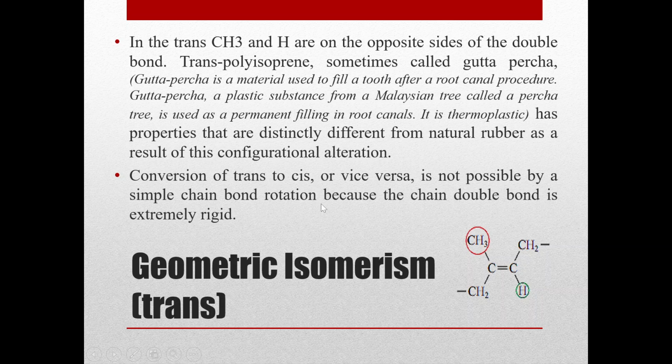Here it seems fairly simple that one can just rotate the chain and convert from one isomer to the other, but it is not so, because the double bond is extremely rigid, and the conversion from trans to cis or vice versa is not as simple as it looks.